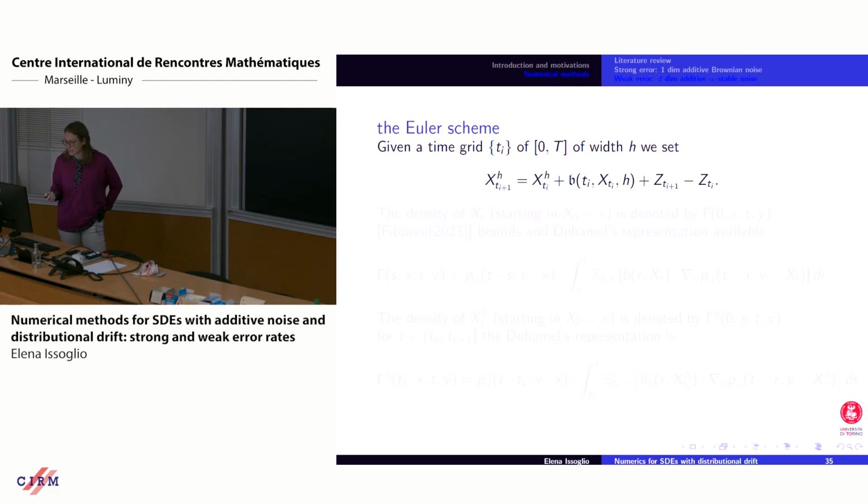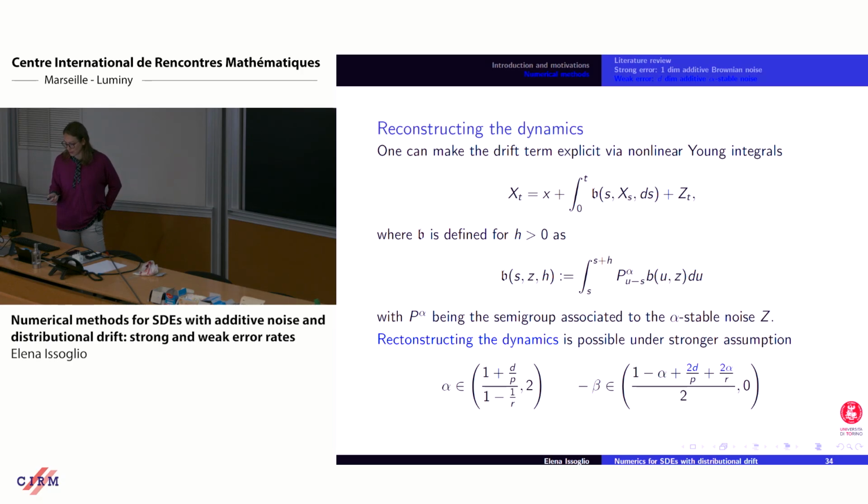The Euler scheme is defined with this mathfrak B, which is coming from the way they were able to reconstruct the dynamics. So half an hour ago, at some point, I said, if you define the problem using the rough martingale problem, you can still define the dynamics via nonlinear Young integrals.